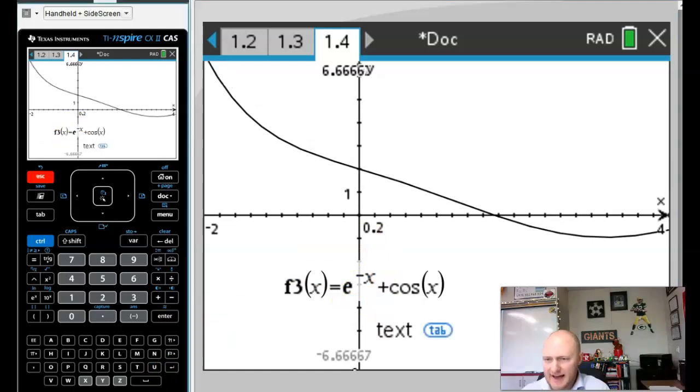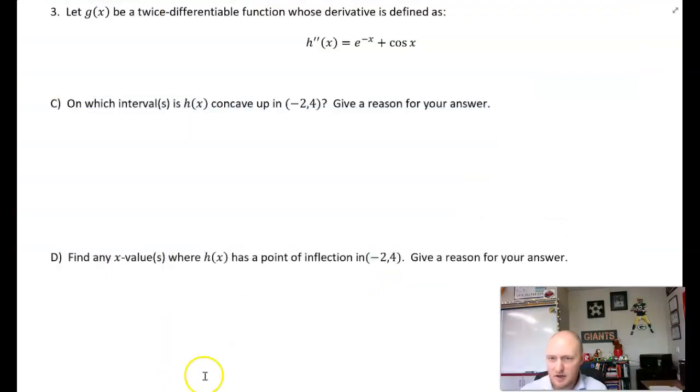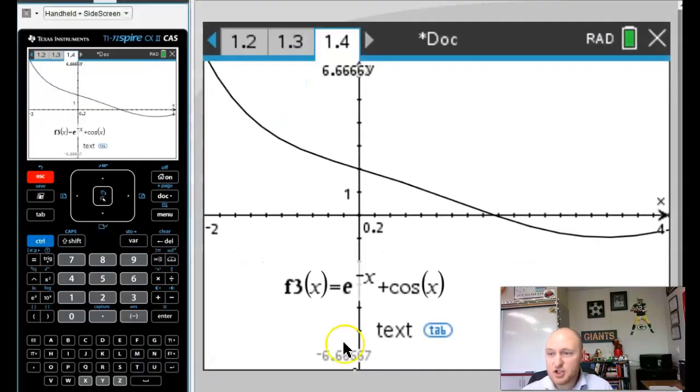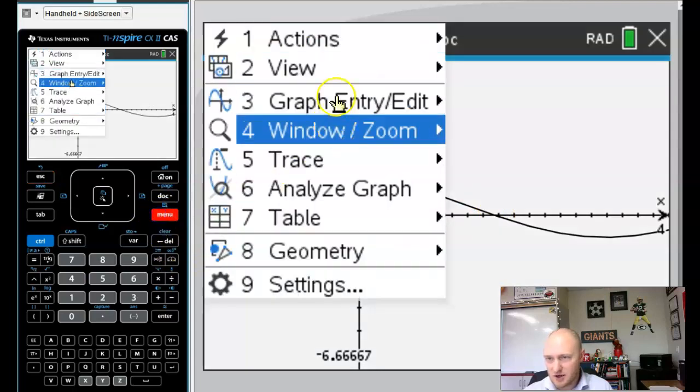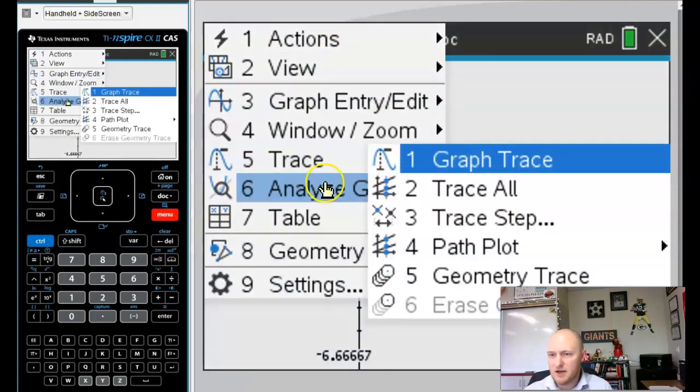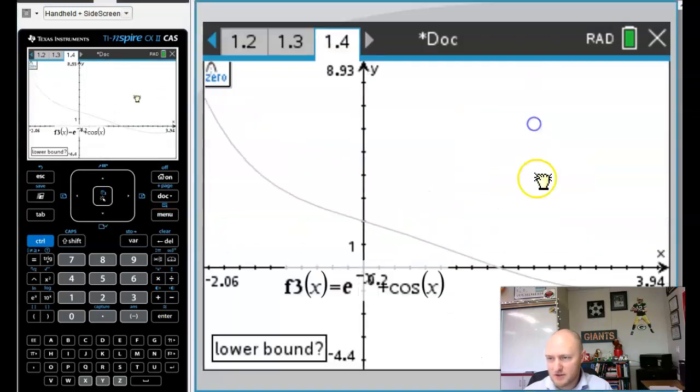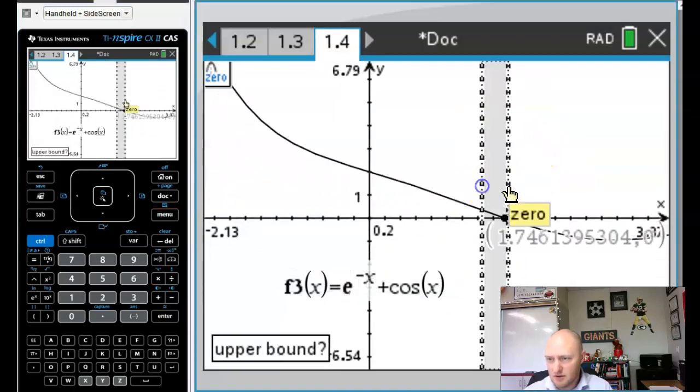Okay, and looking at the questions here, where is it concave up? Well, that's where h double prime is positive. Okay, so this is h double prime. So where is it positive? Well, starting at -2 all the way up until this point. So I need to know where that point is. So here's my 0.